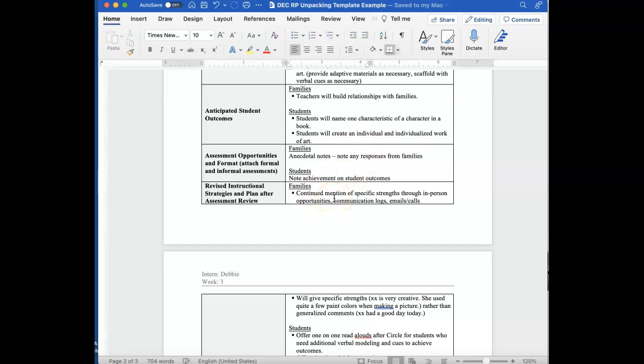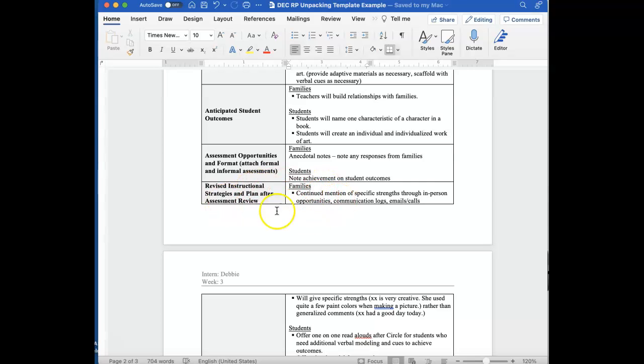Then when I'm thinking about it at the end of the week, I'm thinking what worked, what didn't work. What am I going to do next week? I'm going to stick with this same recommended practice for week 4. But what am I going to do differently? What worked? What didn't work? How can I build on the successes that I had during week 3 when I'm trying to embed this again in week 4? How am I going to do that with families? And how am I going to do that with students?